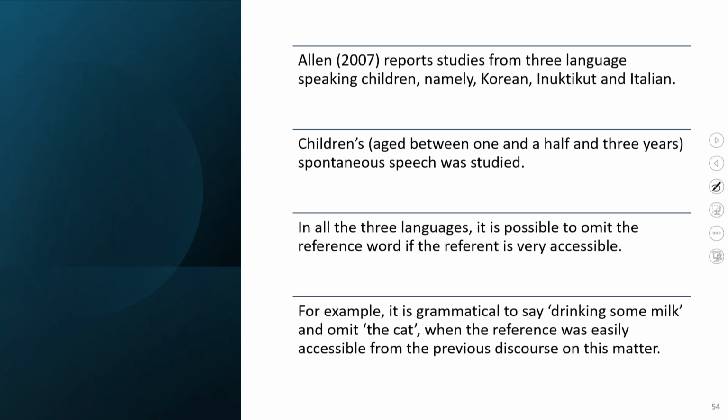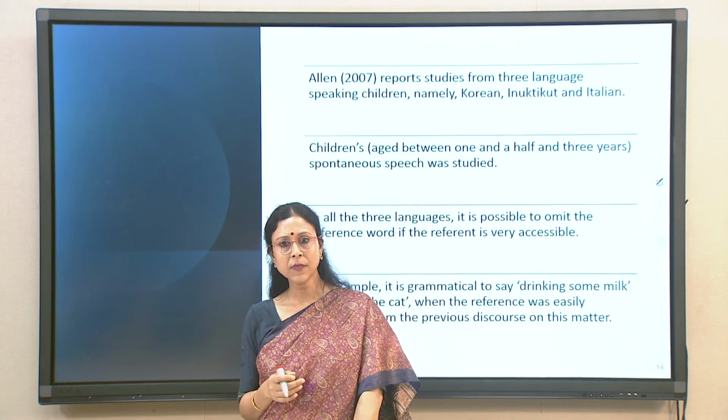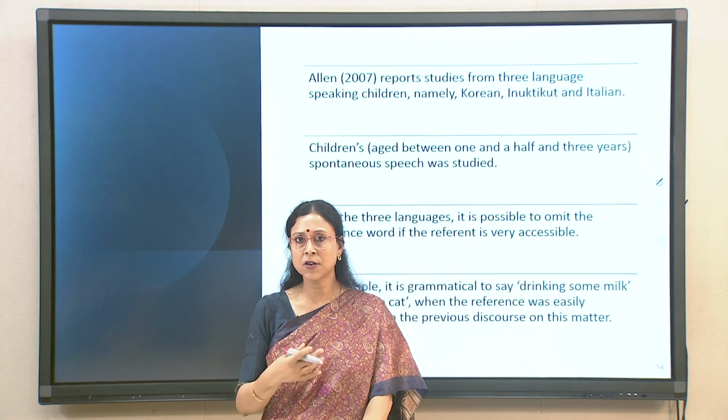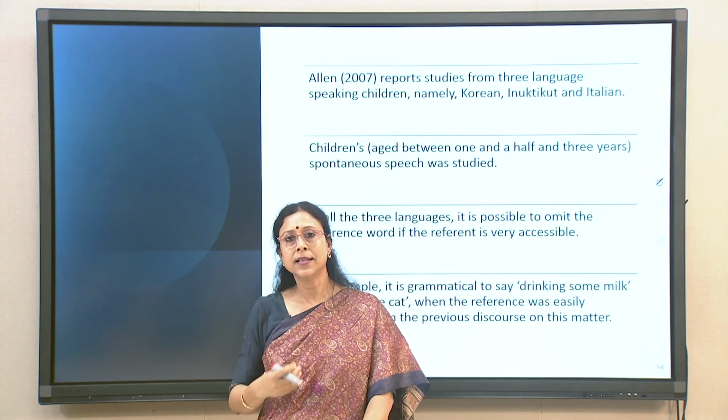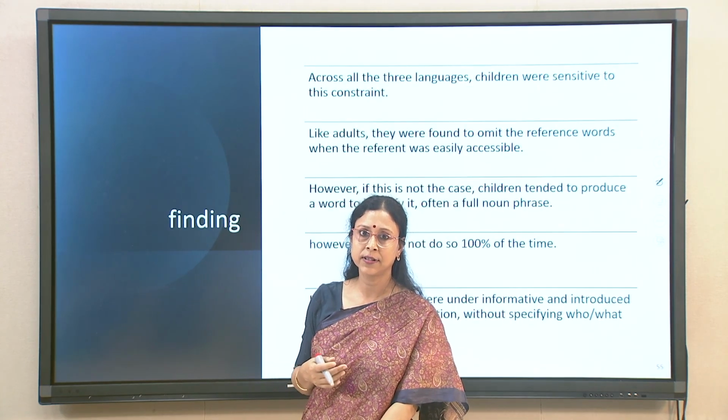For example, it is grammatical to say "drinking some milk" and omit the cat when the reference was easily accessible from the previous discourse in the matter. It is possible in Indian languages also. So, you do not need to. If you have just talked about the cat in the previous sentence, then you can follow it up with just "drinking the milk", not saying "the cat was drinking the milk."